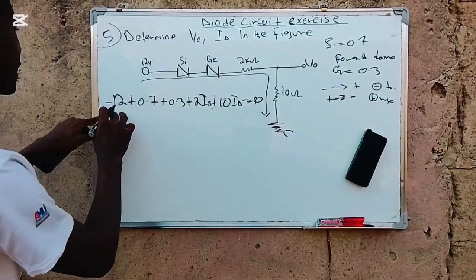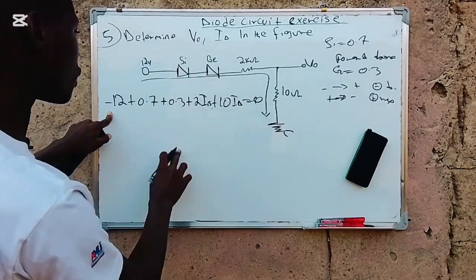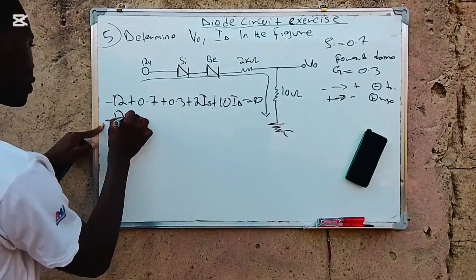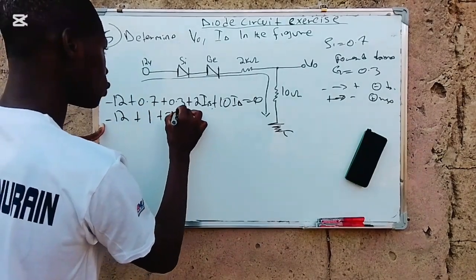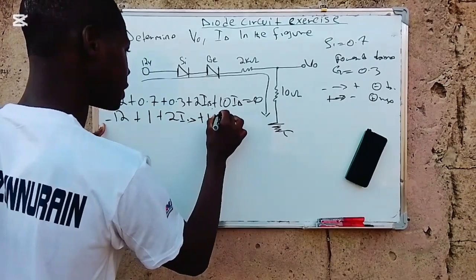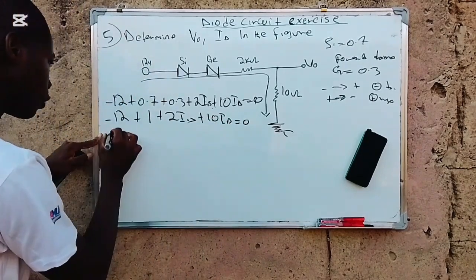So if I said minus 12 plus this, it will give me minus 11, plus 2 ID plus 10 ID should now be 0.